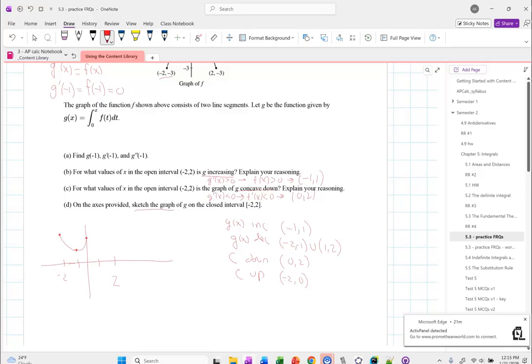At 0, we switch to concave down, but we're still increasing. At 1, we stop increasing and change to decreasing, but we're still concave down. So we're going to look something like that.